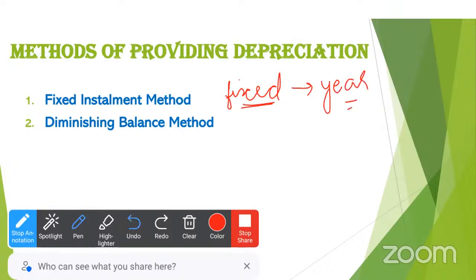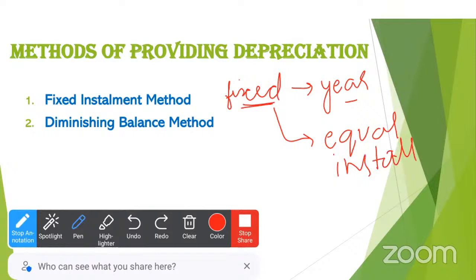This method is also known as equal installment method, original cost method or straight line method.